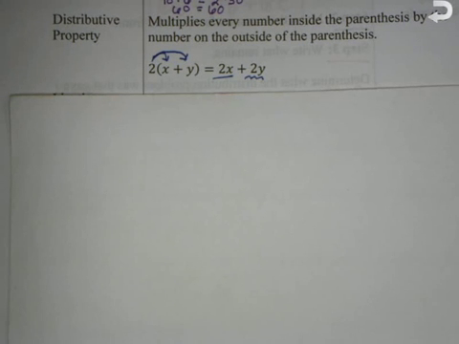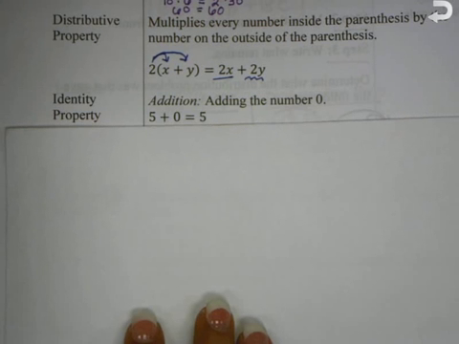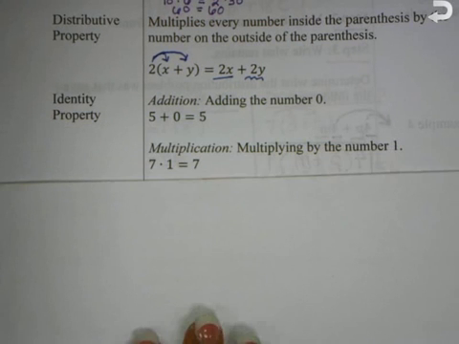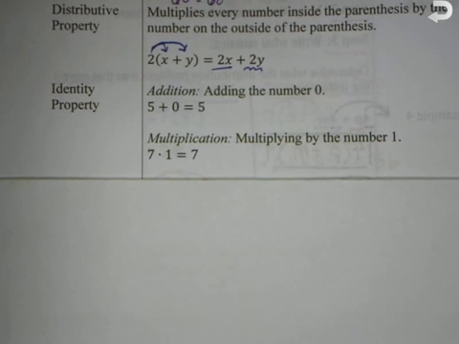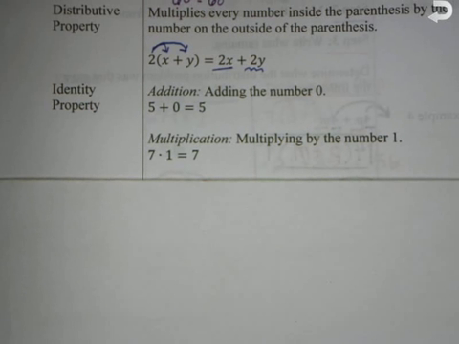We also have 2 identity properties. Now, an identity is a number that when we add it, we still get the same number we started with. If we multiply by the identity, we still get the same number we started with. So what do you think the identity for addition is?